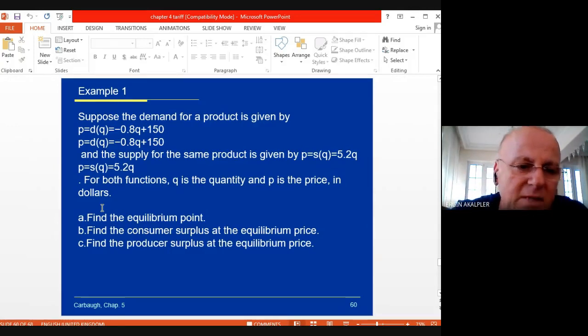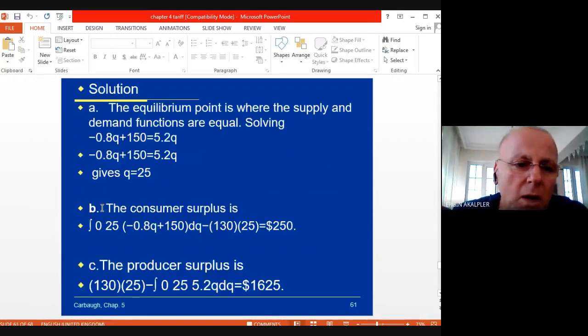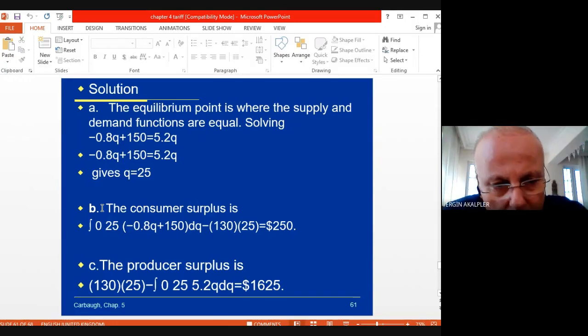Here, I think there is a mistake with the supply curve, and I have to correct it because I caught this, but you will understand better. The equilibrium point is where the supply and demand functions are equal, so solving minus 0.8 Q plus 150 equals 5.2 Q gives Q as 25.